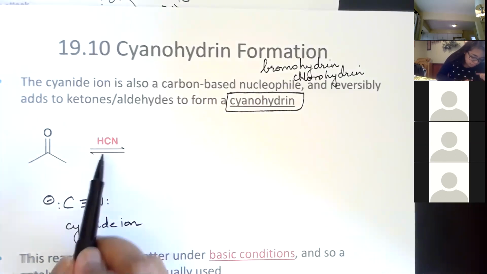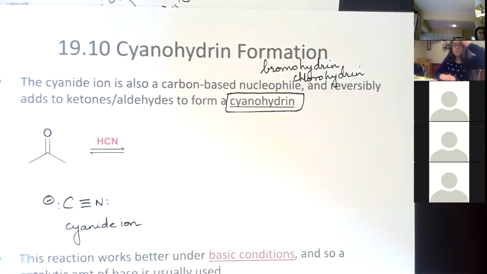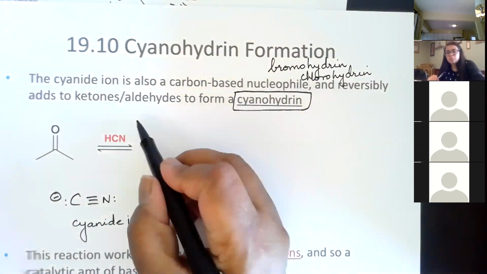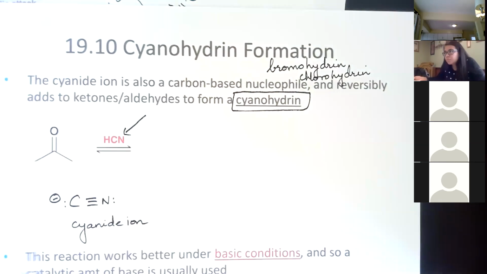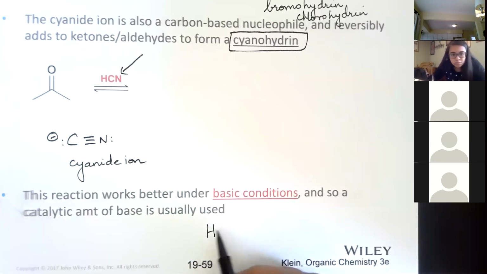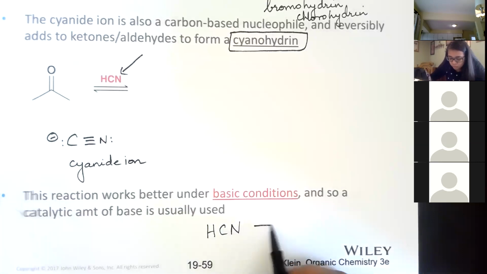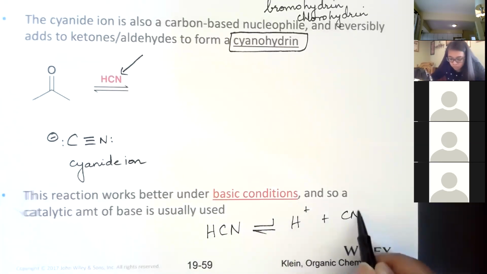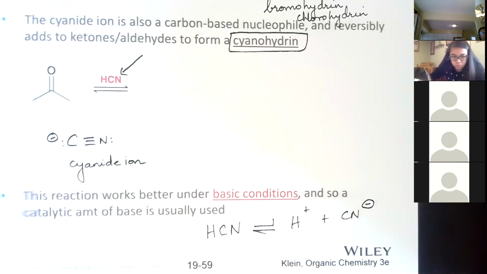Now, this can be obtained from HCN. Now, HCN is an acid, right? Hydrocyanic acid. Is that a strong acid? No. So HCN is a weak acid. Okay, it's a weak acid.